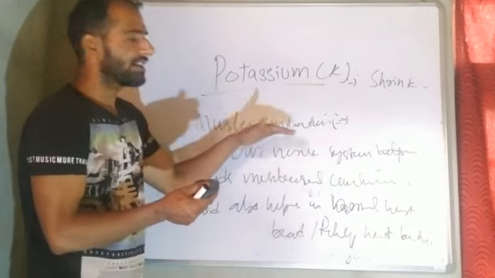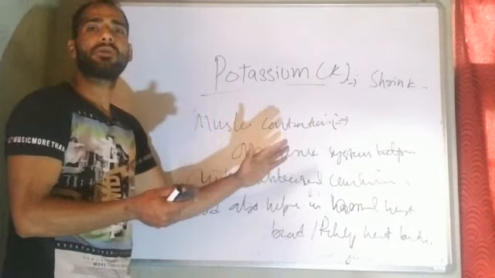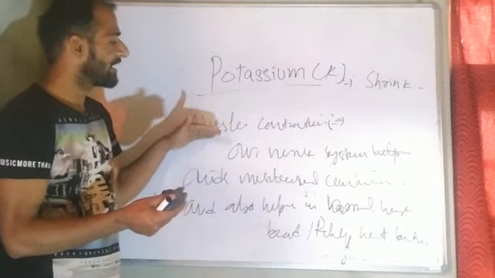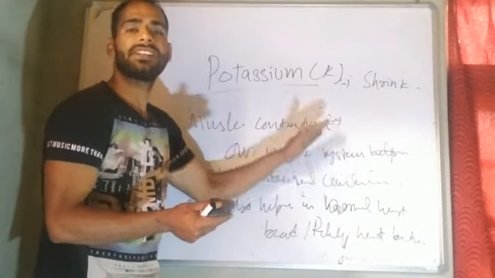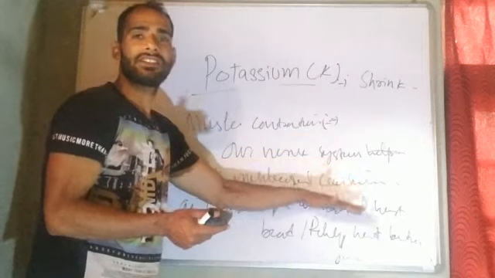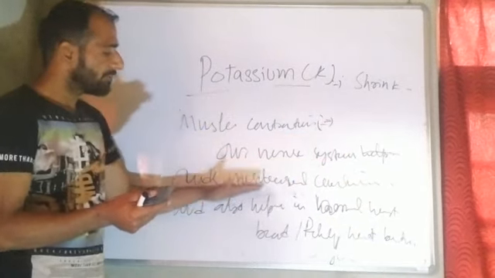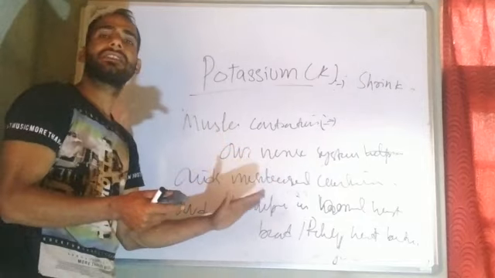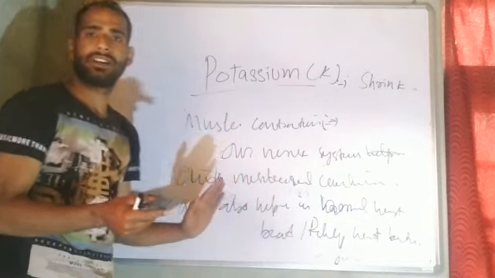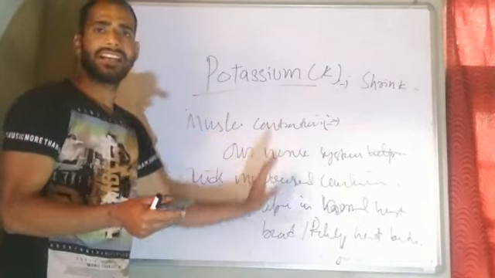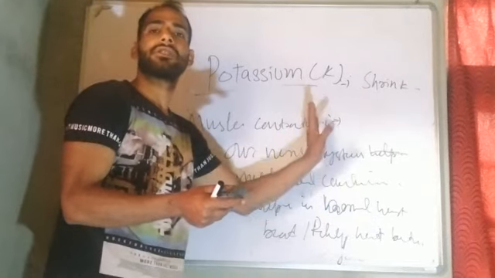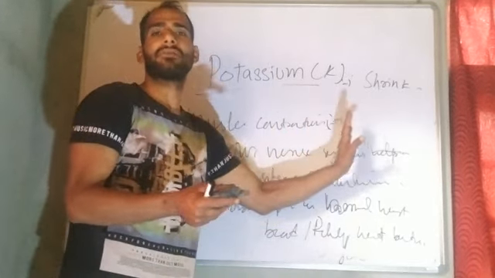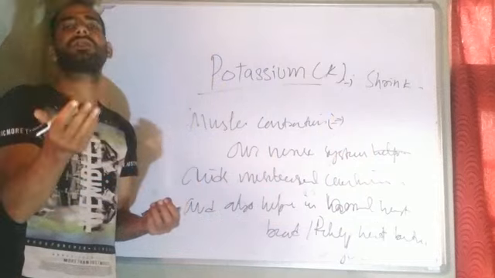So iske alawa, now if a low amount or altered amount of the potassium is present inside our body, that will weaken our muscular contraction, right? And also the less amount of the potassium present in our body will result in the irregular heartbeat also, right? So weakness of the muscles and irregular heartbeat can result because of the altered levels of the potassium in our body.